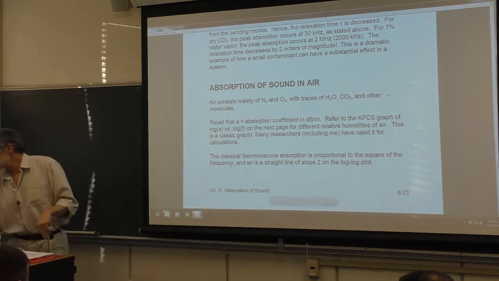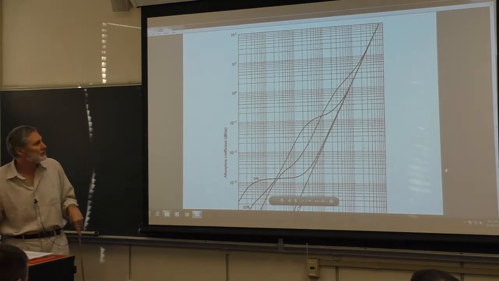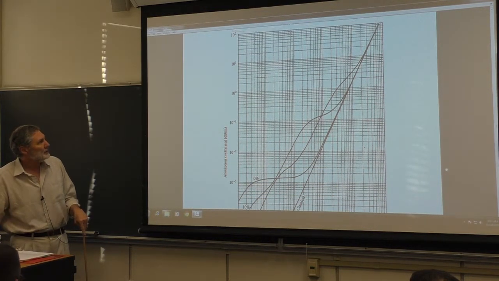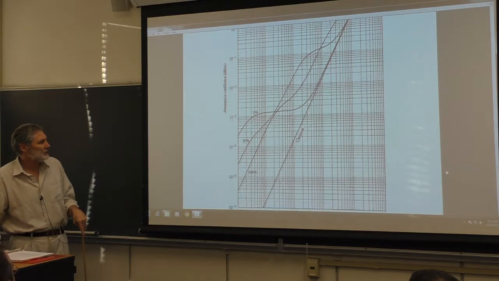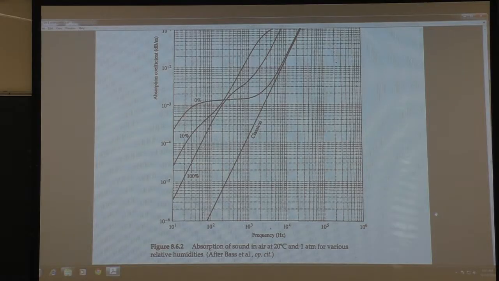So here is a famous graph. Oh, I can't get it all on the screen. Okay, so let's start off with the caption. I'll scroll up. So many people have used this graph over the decades. I've used it at least twice.